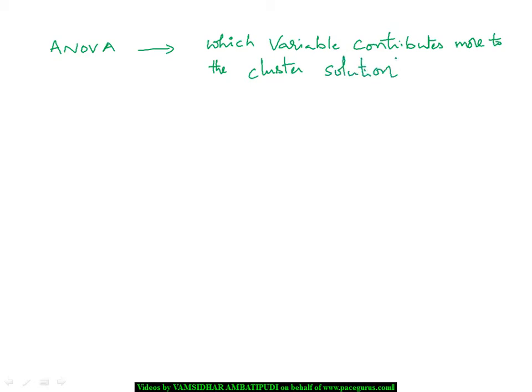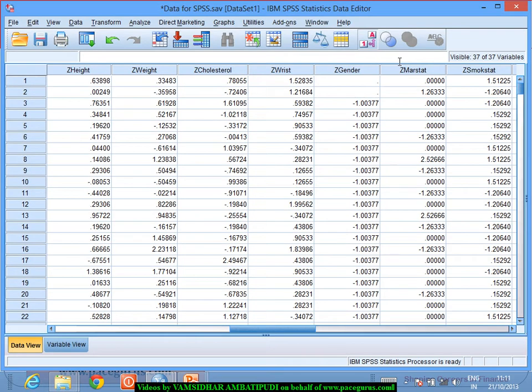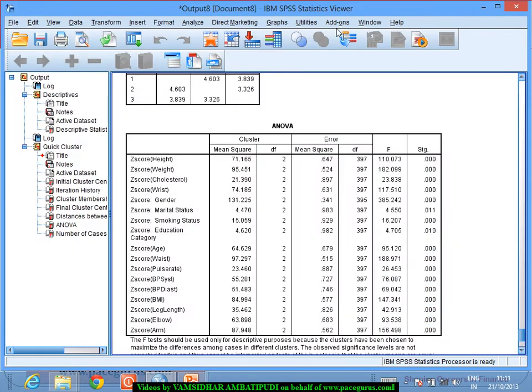And how do I analyze which one contributes more to the cluster solution? Look at the F values. In your output, look at the F values. Whichever variables have very large F values, they provide a very good amount of separation between the various clusters. So probably 385 for gender.